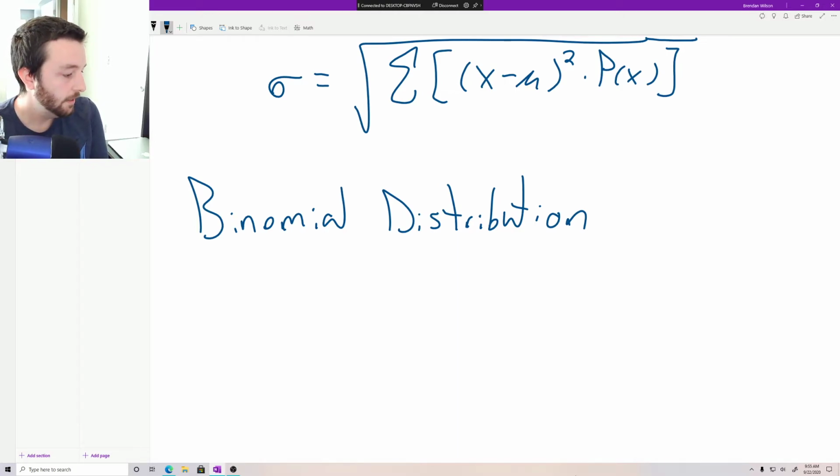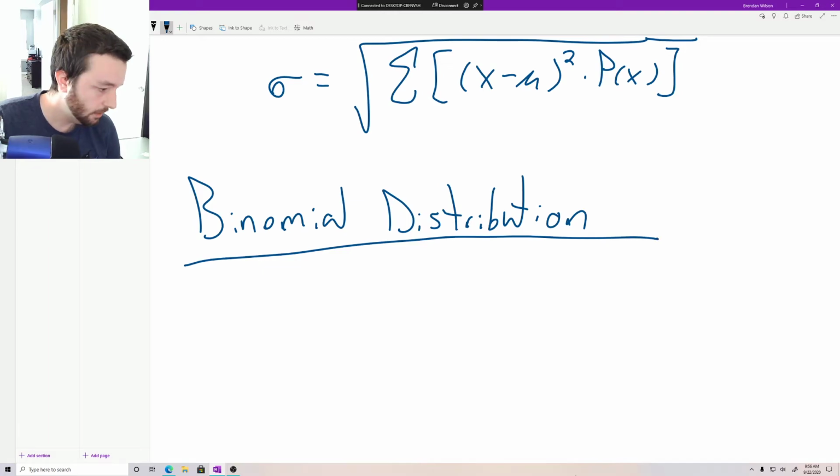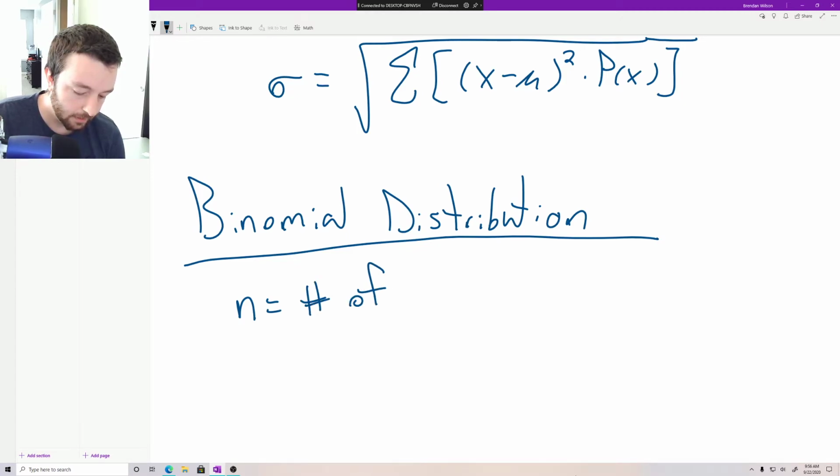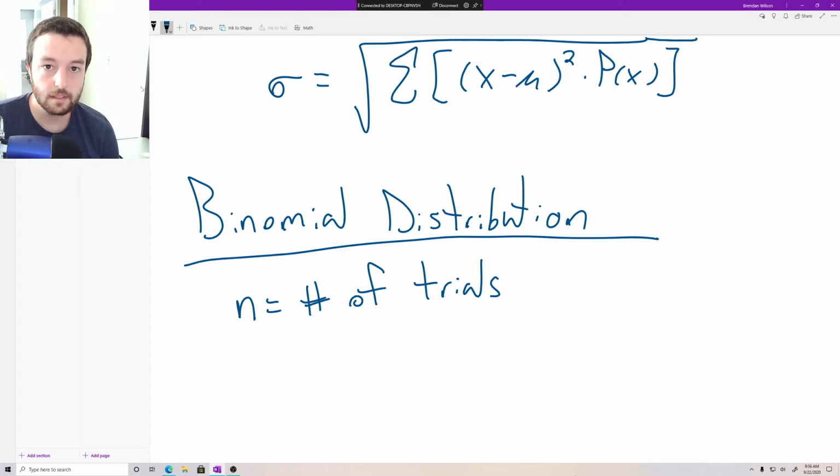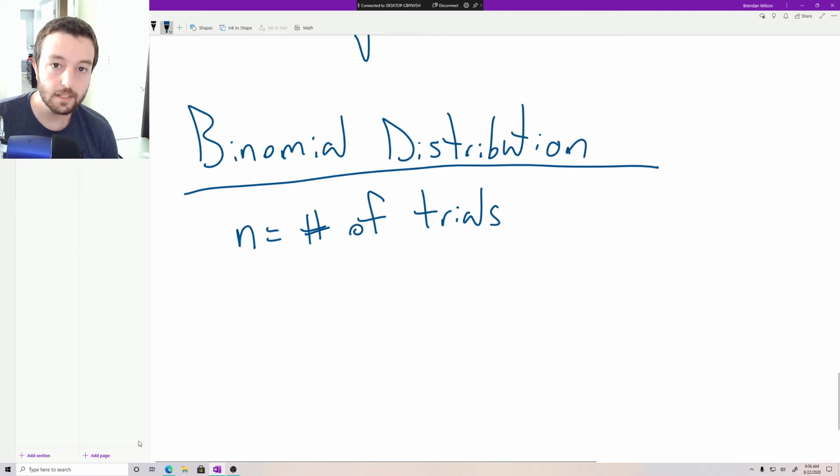Okay. We use the letter P to denote the probability of a successful trial. And we let there be n trials. So let n be the number of trials. We're using n just like how we use it with the sample size because it's basically the same thing.